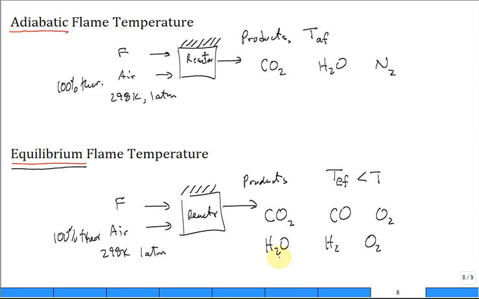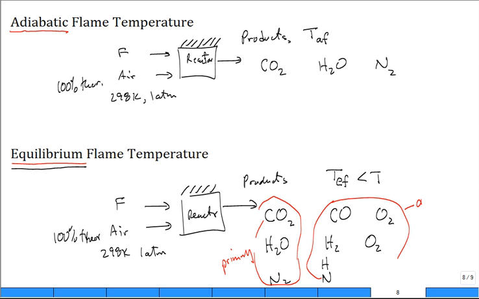And the hydrogen that's there could similarly dissociate into just H, and then maybe recombine with something else. And the nitrogen could dissociate just into N's. So these are like the primary products, but you get some others because of dissociation.